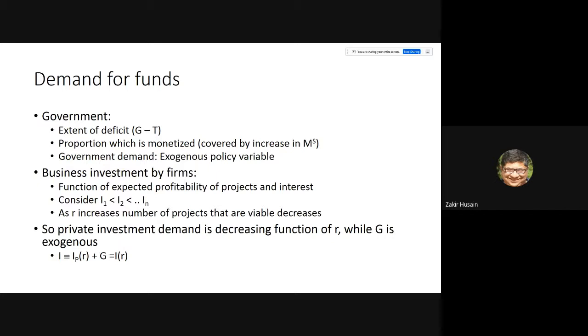They want to expand their business, the scale of operations. So what they do is they consider the different projects they have. Let us say at any point of time, they have n number of projects. I1, I2, I3 are all projects. Each of the projects has an associated return on it.